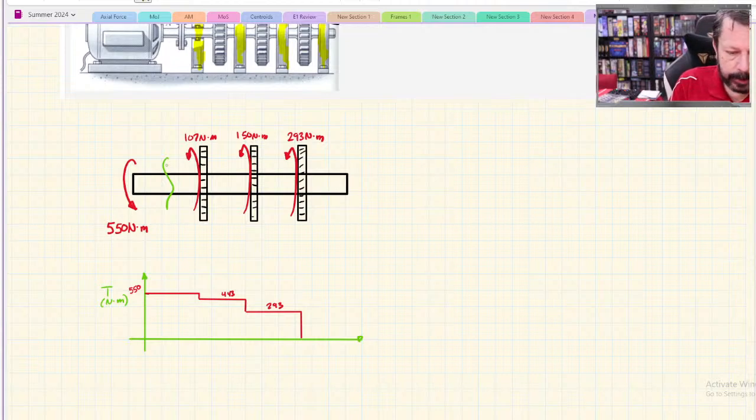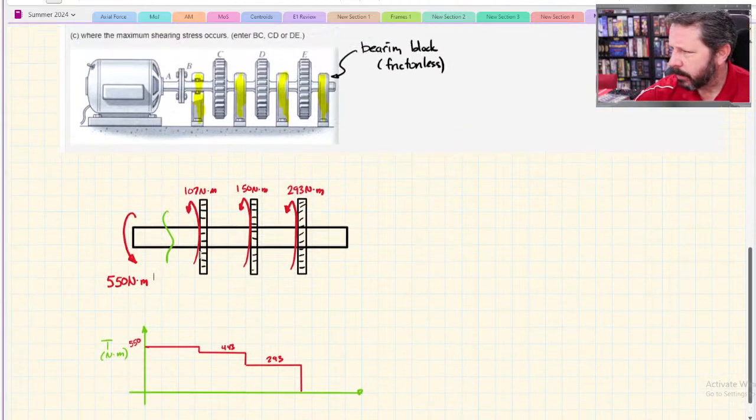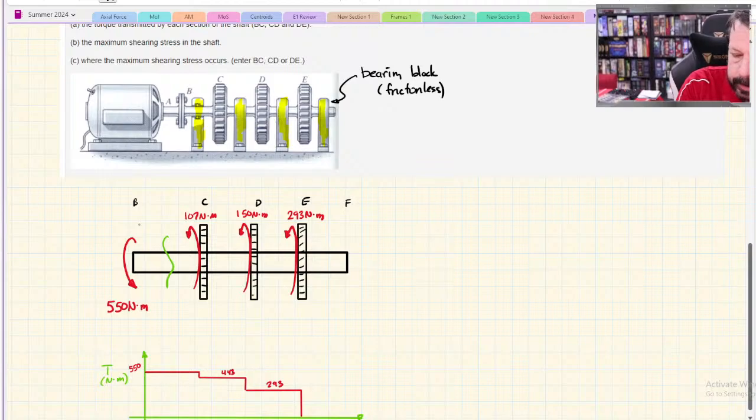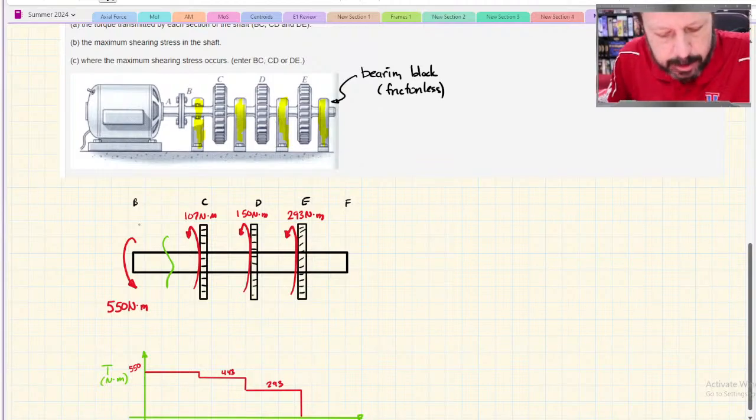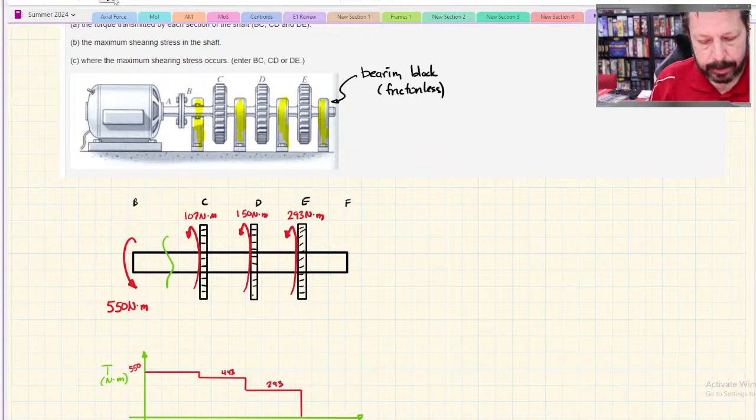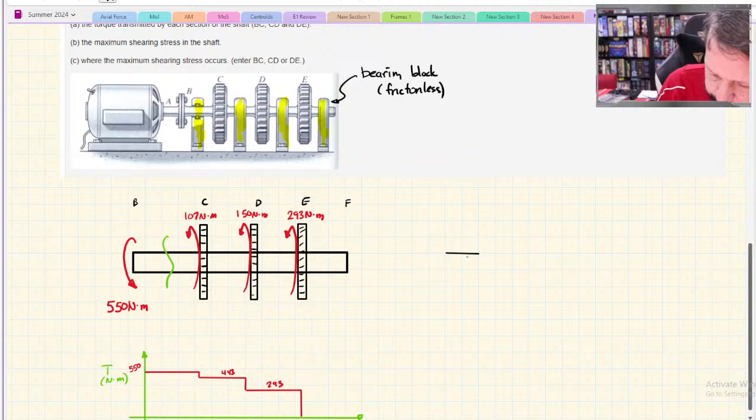So if we look at our lettering, this is point B, C, D, E, and I guess this would be F out at the end. It just doesn't tell me anything about it. So if I wanted to know the torque in BC, I could cut, that's a little green squiggly line, between point B and C, and draw that free body diagram, which would be something like this.